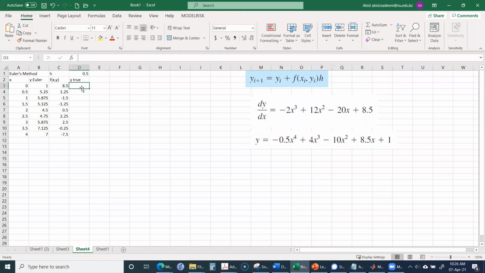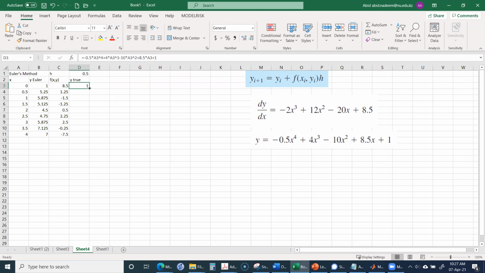We need to input it into this equation: minus 0.5 times x power 4, plus 4 times x cube, minus 10 times x square, plus 8.5 times x, and then plus 1. So y true is 1.